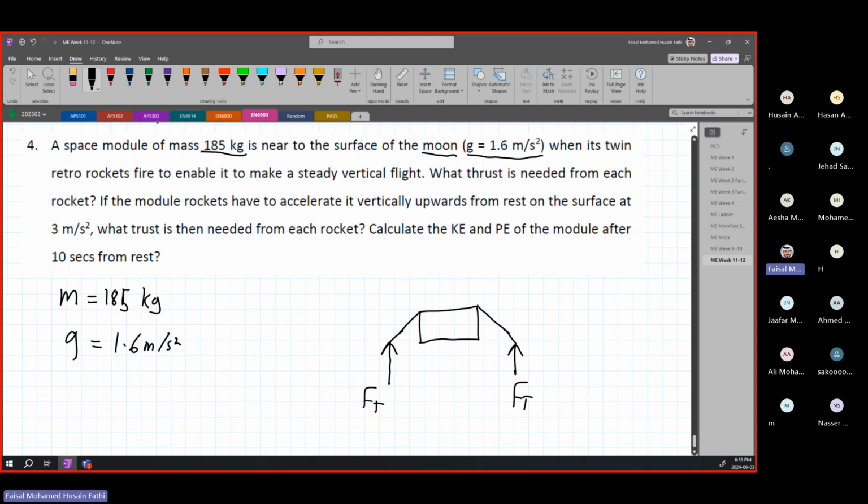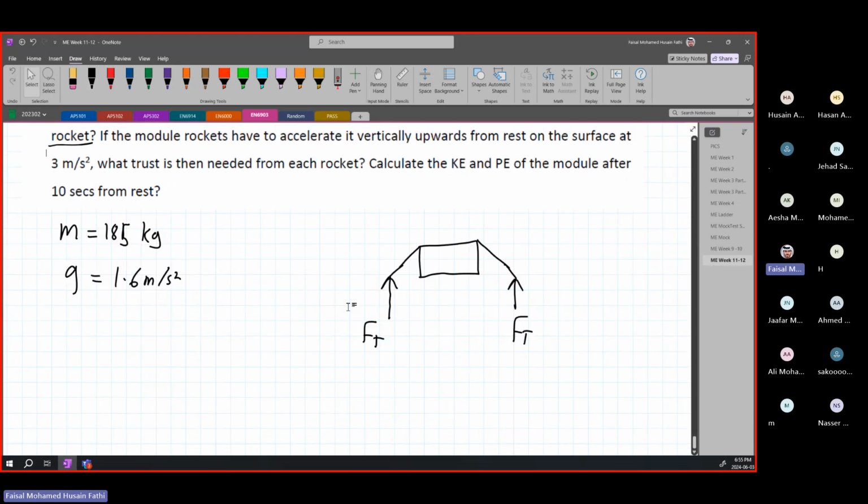They said twin retro rockets, meaning there are two thrusters, one on each side. The question asks what thrust is needed from each rocket, so we have to consider these as separate entities. Otherwise, we would just put one FT anywhere. But in this case, we need to consider each rocket by itself. That's why we have a thrust force for each one.